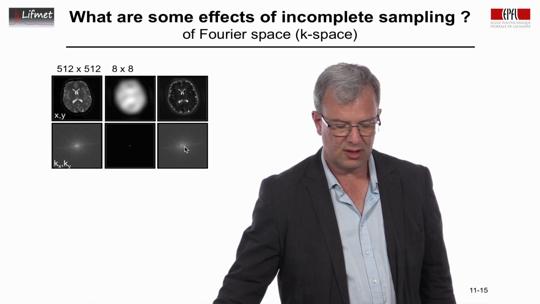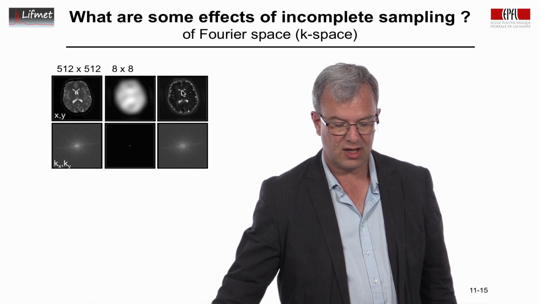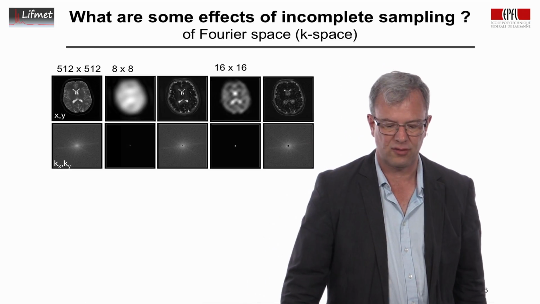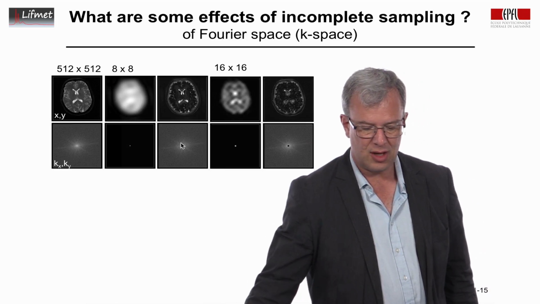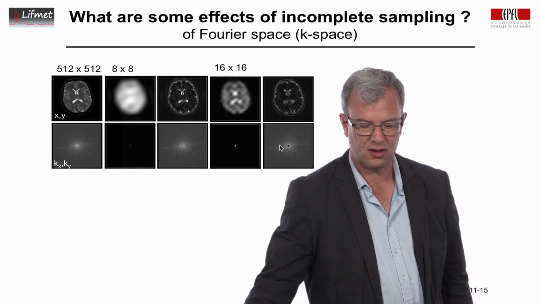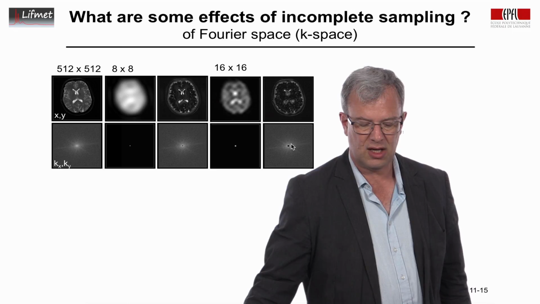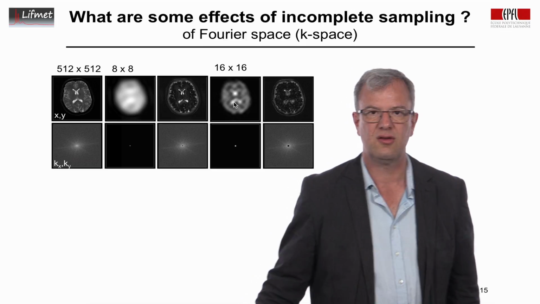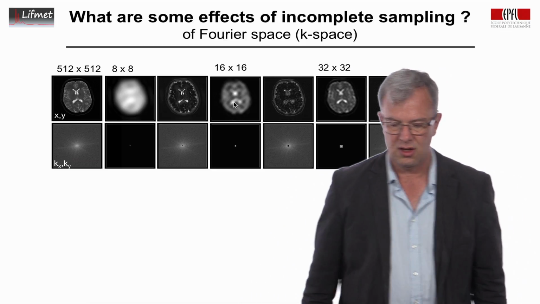If we eliminate those central 8 points, we get more or less the sharper features of the object. We do the same thing with just the first 16 points at the center, reconstruct, and here we eliminate the central 16 by 16 points, and we're starting to see the edges, and here we're starting to see some of the structure.